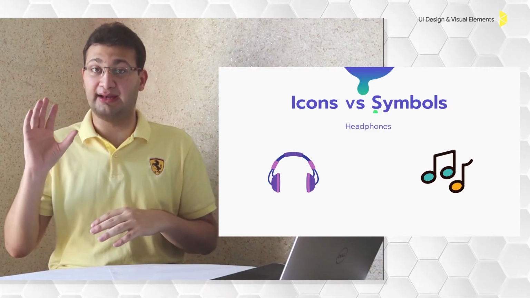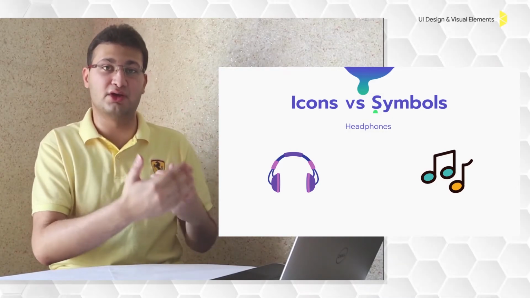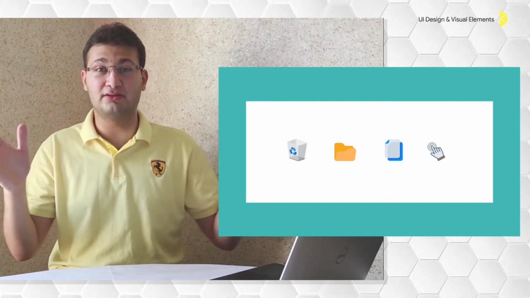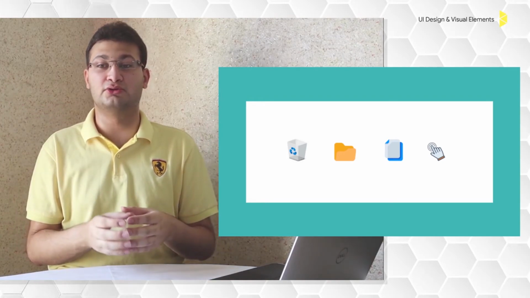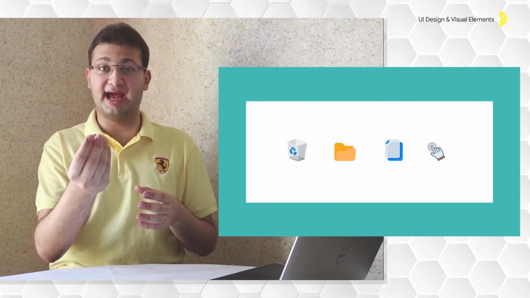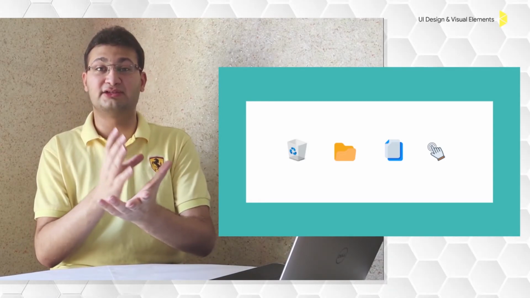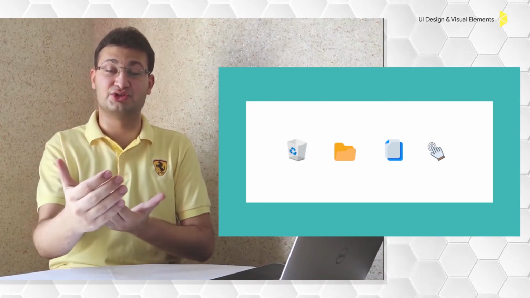As you can see, an icon is a very pictorial representation and a symbol is a more abstract way of representation. So what designers do is try to find the middle ground of these two things and derive the best of both worlds. Then they get an icon which is very easily recognizable, and it talks about the same thing, and it's also able to relay a certain message.